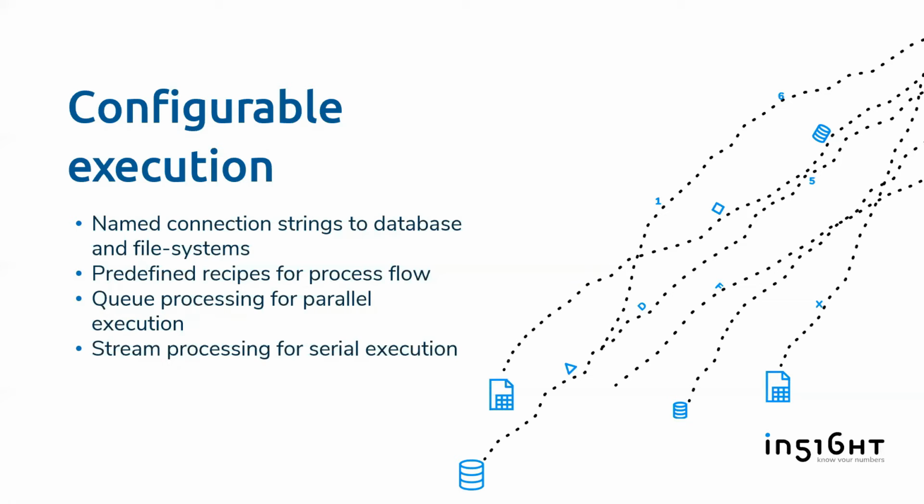All these configurable workflows need to get the settings, where the sources are, what the parameters are, and we have named connection strings for database and for file systems. That means that you can operate the workflows we are talking about in the same manner that you're operating them in the case of some user interface functional tool like DataStage or SSIS.